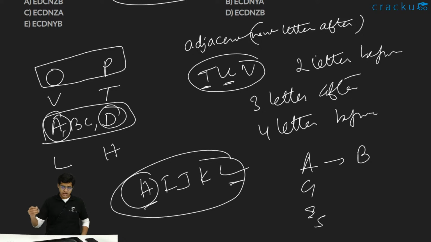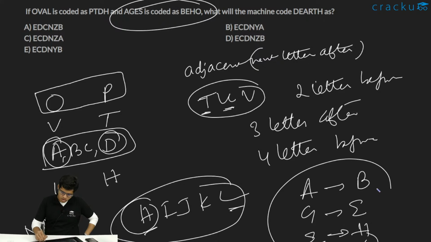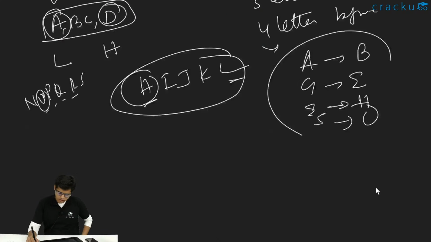We know EFGH, so this will be E. Two letters before G: G, F, then E. After E, now we need to do three letters after E: F, G, H. And now we need to do four letters before S, so which is M, N, O, P, Q, R, S. N, O, P, Q, R, S. So 1, 2, 3 and 4. Yeah, so it is O. So like this, we are getting AGES coded as BEHO. Same we can do for DEARTH.